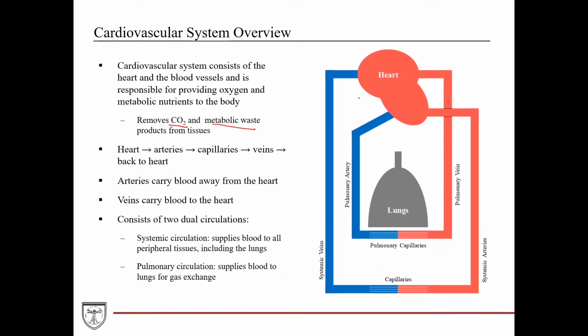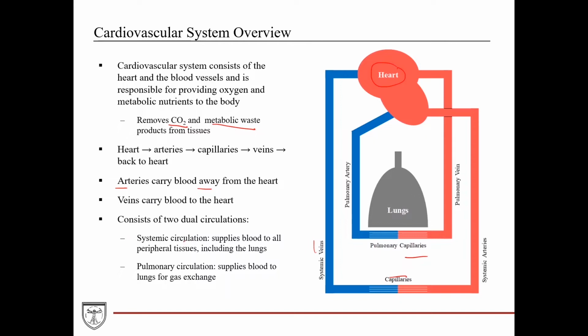So the flow of blood is from the heart into the arteries, then into the capillaries, then into the veins, and then back to the heart. Arteries always carry blood away from the heart, so artery A away, and veins always carry blood to the heart. Usually arteries are carrying oxygenated blood and veins are carrying deoxygenated blood, but that's not always the case, as we'll talk about in a second here.